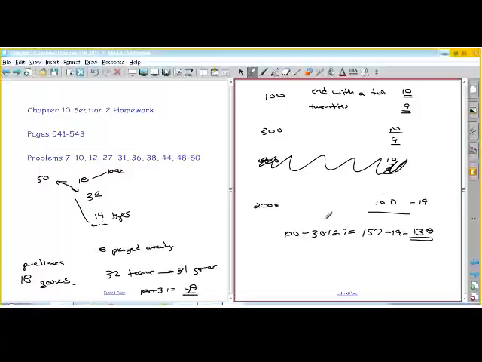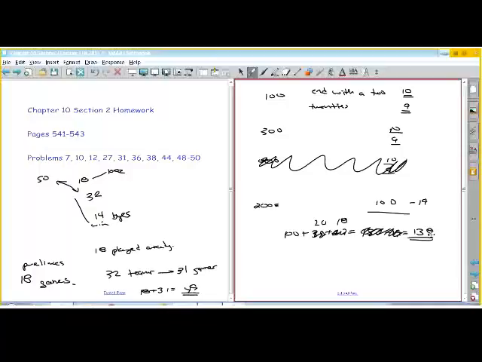What that does is it reduces this down to 20 because I've got 10 plus 10, and that should be 18. And I don't have to subtract. So that's the way it goes. So you get all of the 200s, and you get 19 from each one of the other hundreds, and you get 138. So that's the reason.